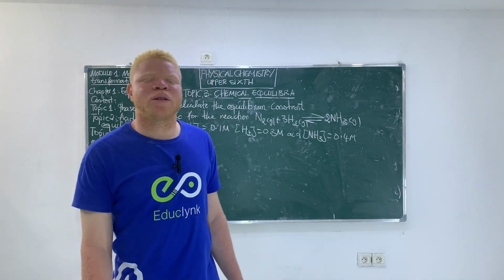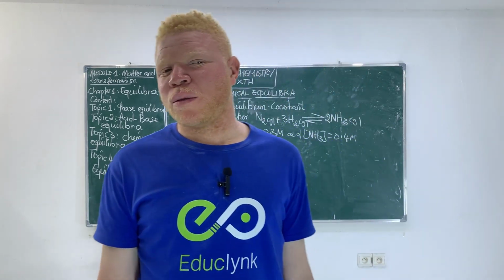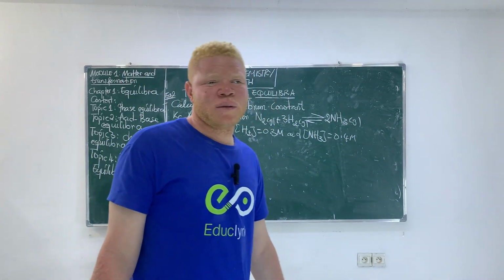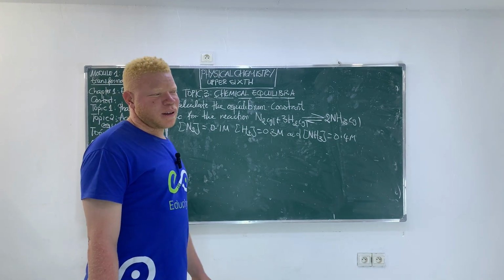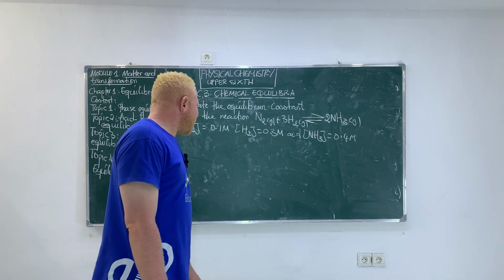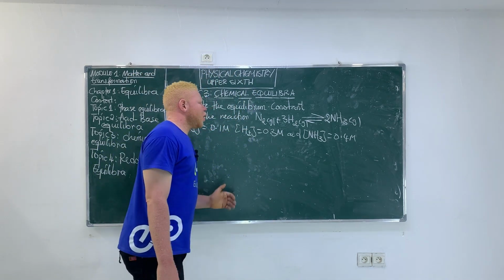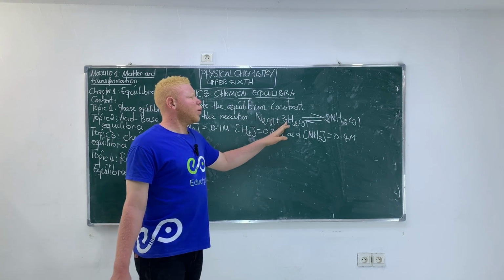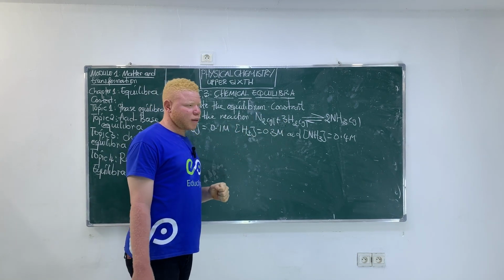So example 2 is not quite different from example 1. A reversible reaction has been given to you and you have been asked to calculate the equilibrium constant Kc. To do this, you apply the formula for Kc. The reaction is N2 plus 3H2 giving 2NH3.